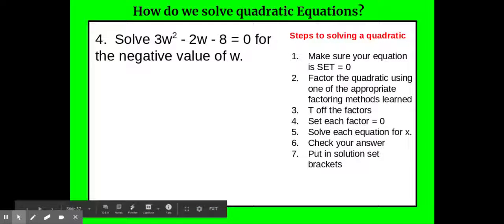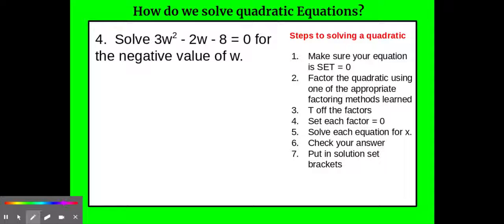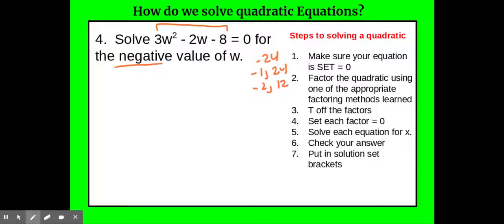Now on to the last one. Okay, so this one's a little bit more challenging. It's one of our factor by grouping trinomial questions. This one, we want the negative value for w here. So in this one, we're going to multiply. We get negative 24. Our factors of negative 24 are negative 1, positive 24, negative 2, positive 12, negative 3, positive 8, negative 4, positive 6.